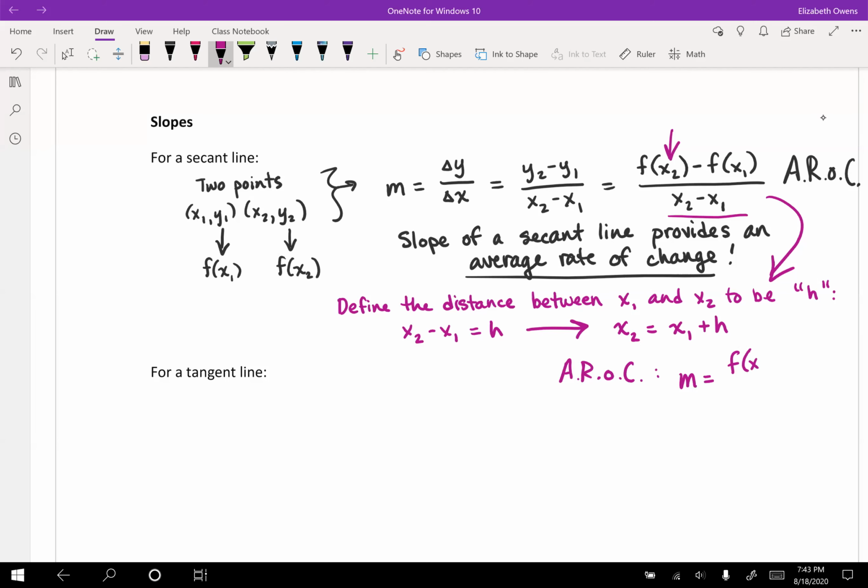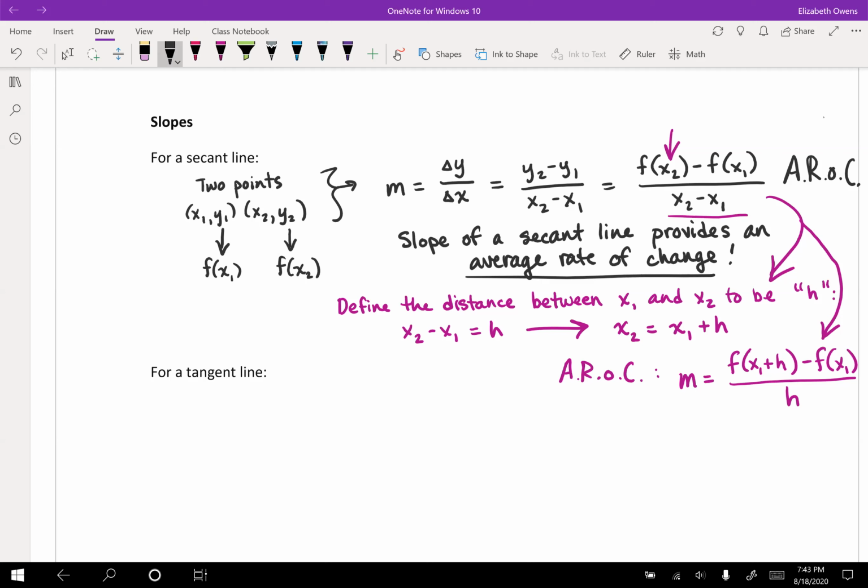So f of x1 plus h minus f of x1. We're going to leave that one alone. And in the denominator, x2 minus x1, that's the thing we just said we were going to call h. So in the denominator now, it just says h. That is another version of the secant slope formula, or an average rate of change.